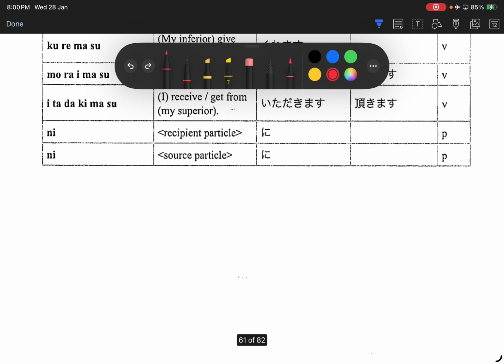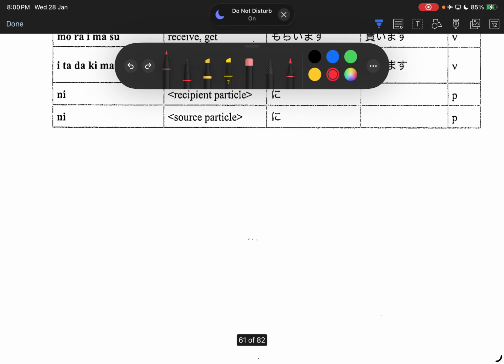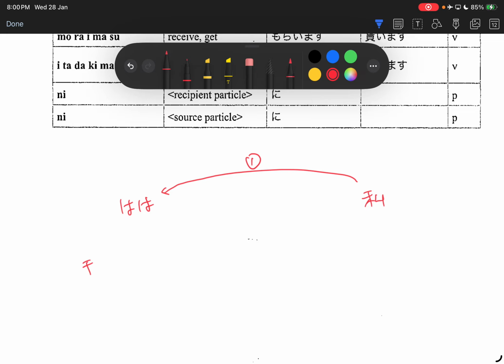Okay, first and foremost, let's say there are 2 persons. The first person is haha. The second person is watashi. Watashi is me, haha is my mother. So when I give to mother, let's call this number 1.